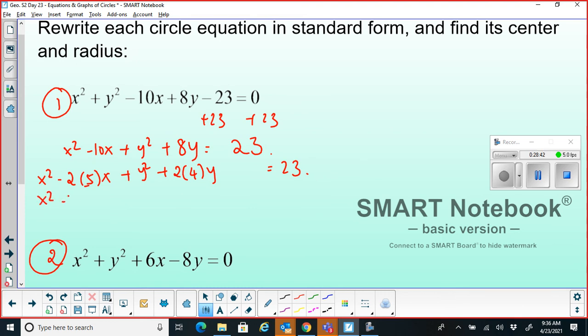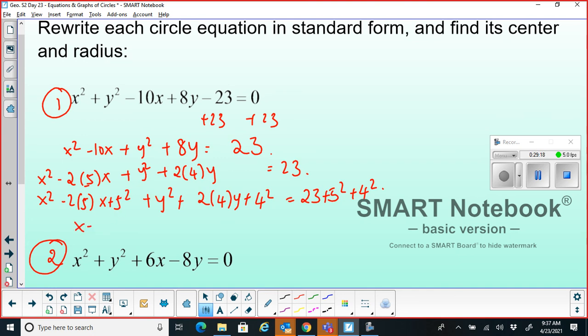So let me add here negative 2 times 5x plus 5 square plus y square plus 2 times 4y plus 4 square. I have added 5 square and 4 square on the left hand side as well as the right hand side. So it's in the form a square minus 2ab plus b square.